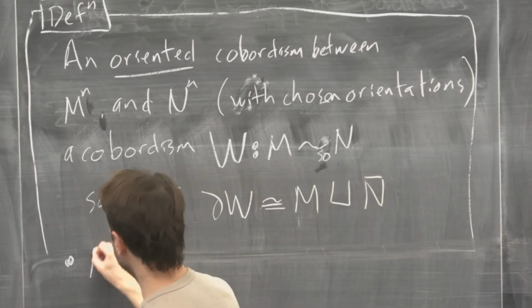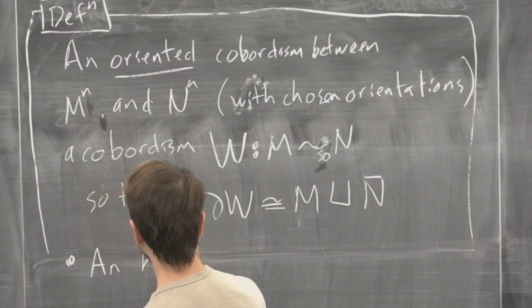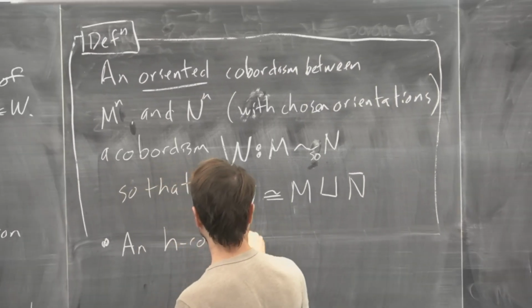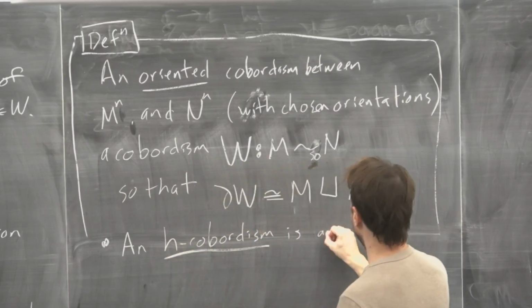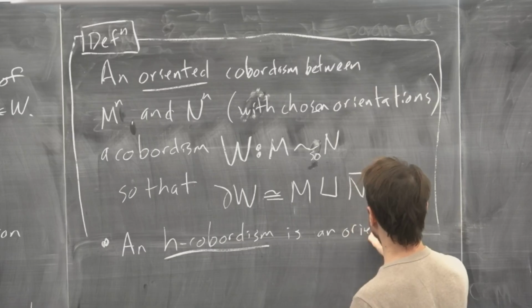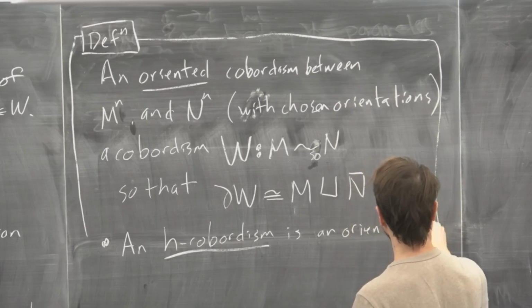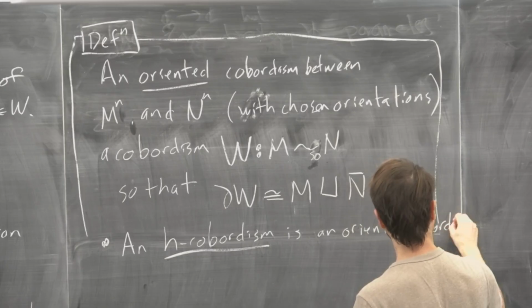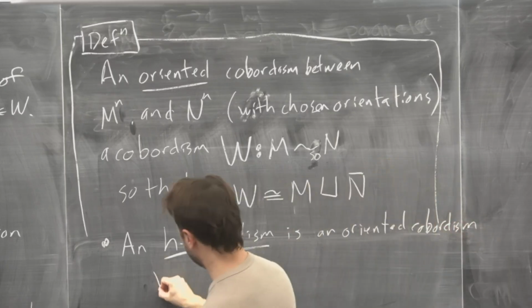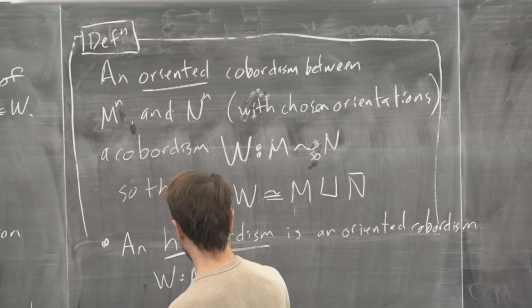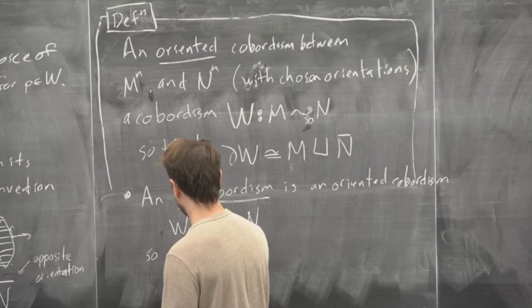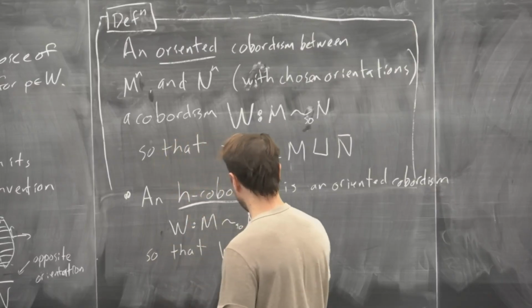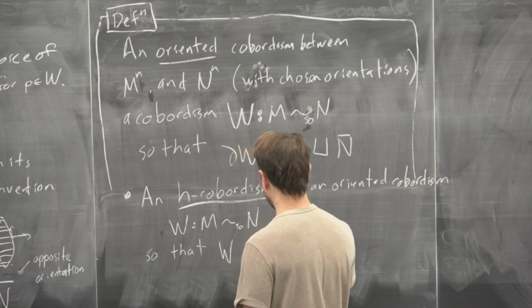Okay, so now an h-cobordism is an oriented cobordism, a W going from M to N, so that W deformation-retracts.